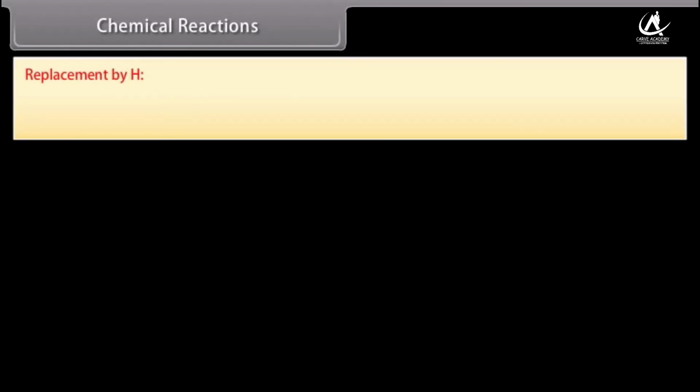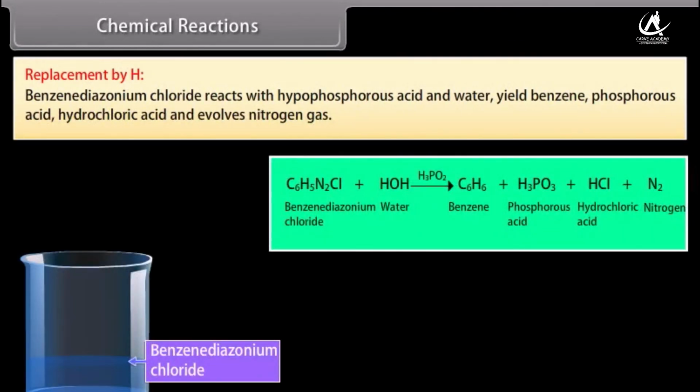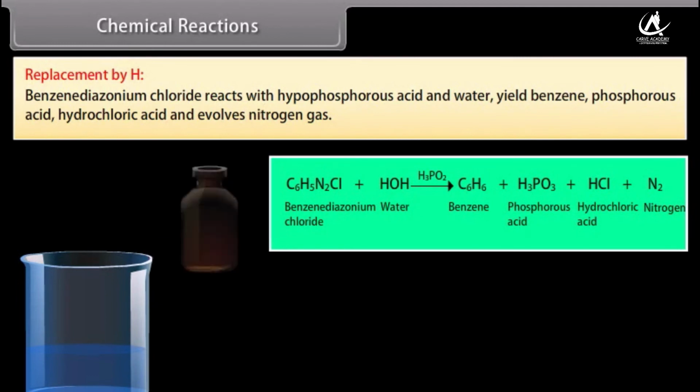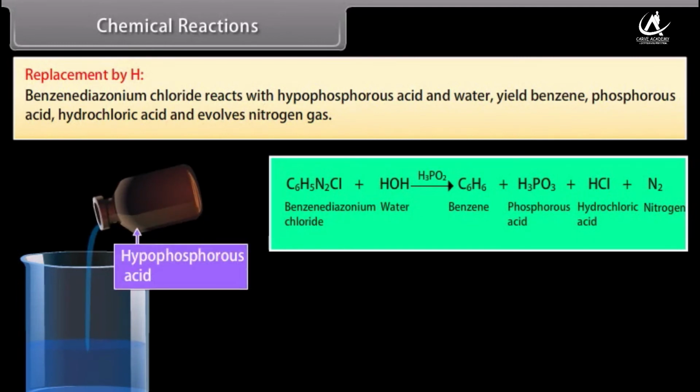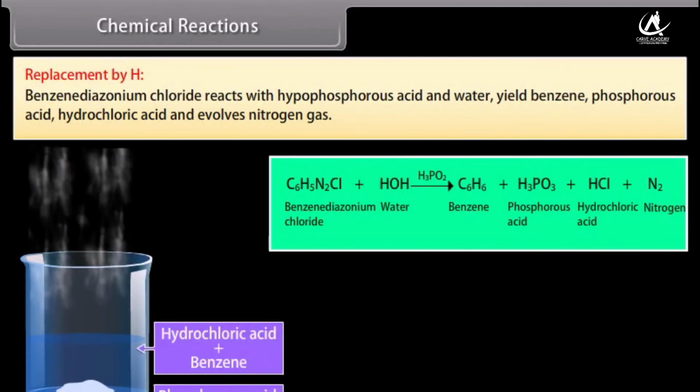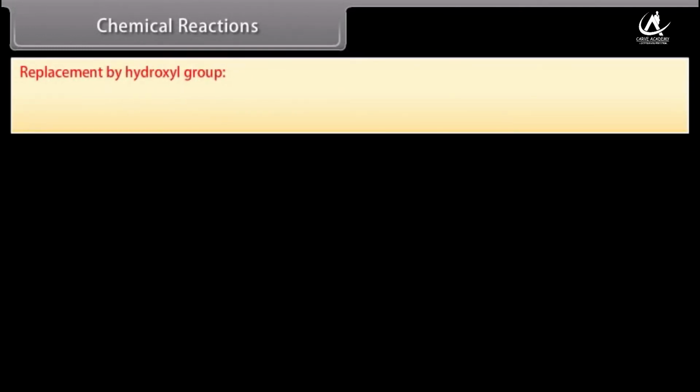Replacement by H. Benzene diazonium chloride reacts with hypophosphorous acid and water, yielding benzene, phosphorous acid, hydrochloric acid and evolving nitrogen gas. Replacement by hydroxyl group.